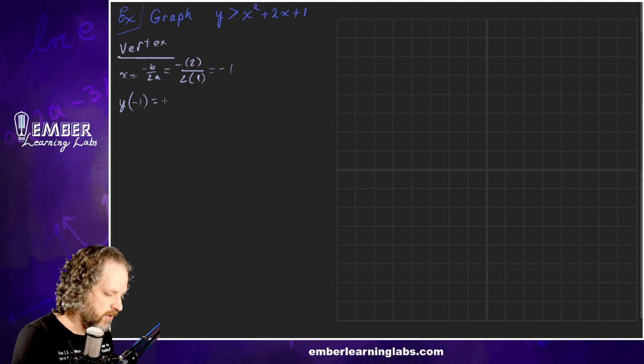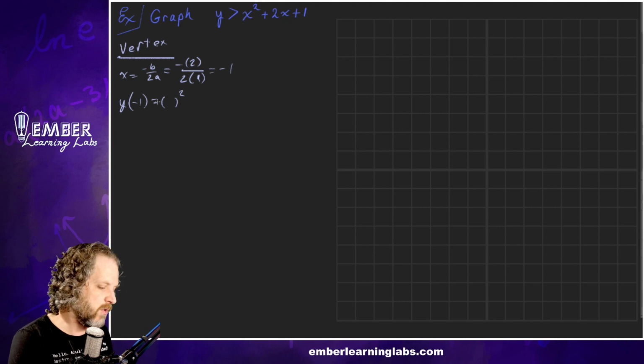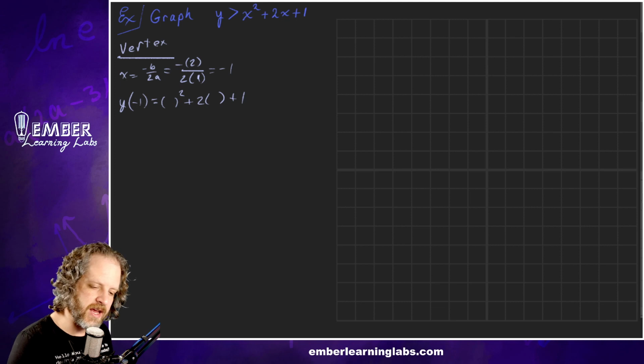So everywhere where there is an x, we're going to plug in negative 1, right? We've done this quite a bit before. So we're going to put a negative 1 where the x is, and then we're going to simplify, right? Negative 1 squared is positive 1.